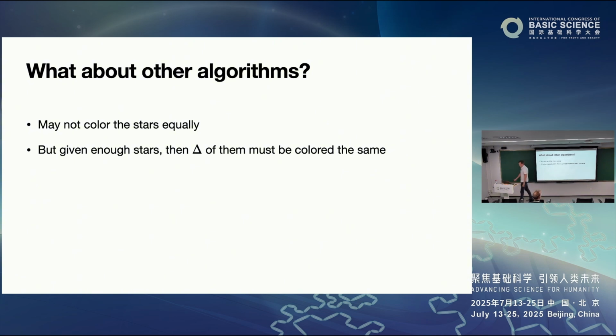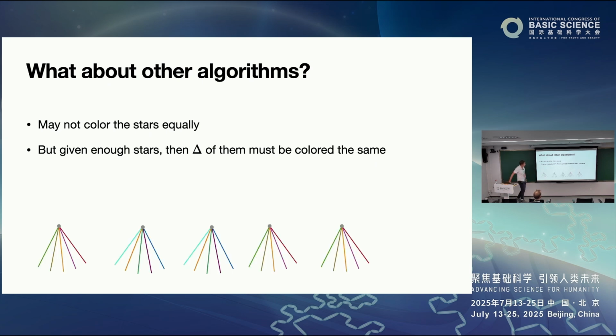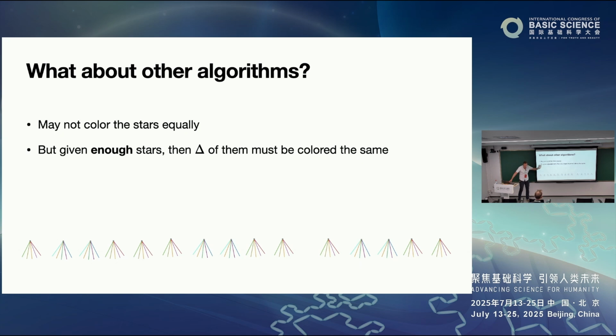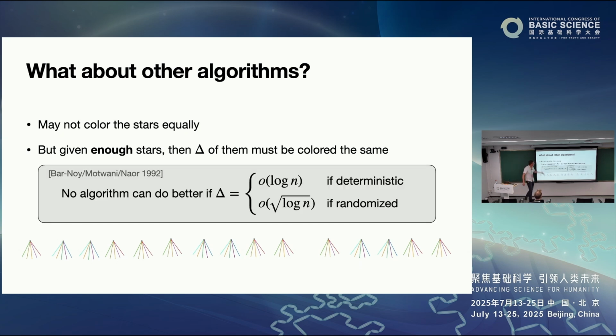So a general algorithm may not color stars equally, but what you can observe is that if I give enough stars, and here enough is in bold, then clearly delta minus 1 edges have to be colored the same.